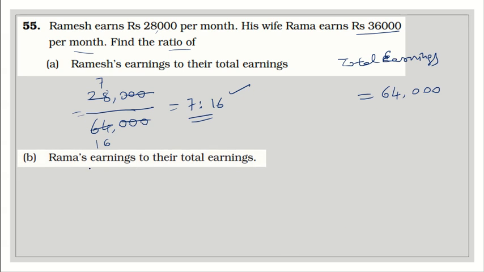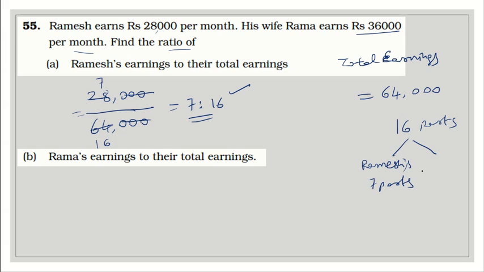Yes, there is a second question: Rama's earning to their total earnings. Now see children, total earning is becoming 16 parts, in which Ramesh's earning is 7 parts. That means the leftover must be Rama's earning, right?